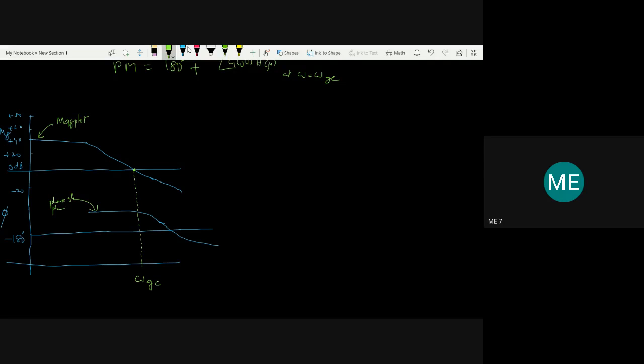So at gain crossover frequency, this is the phase angle. This amount is the phase angle, because when you are calculating the phase angle at ω equal to ω_GC, that is called the phase margin. Similarly, the phase angle plot crosses the minus 180 degree line.